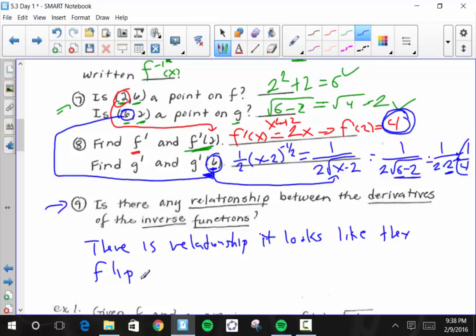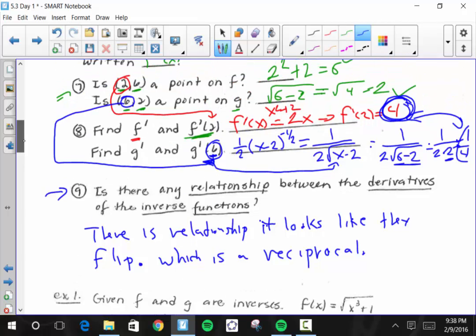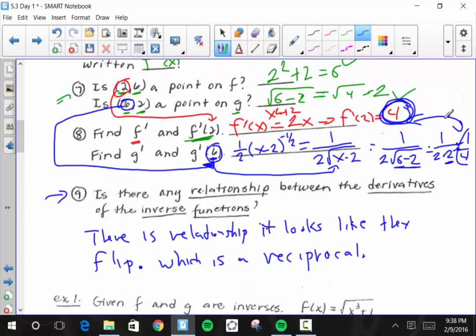And in math, we call a flip a reciprocal. So it looks like they're reciprocals of each other. I wonder if that's always the case. Well, in this next example, we're going to try an example and see if something like that happens. Is the end result going to be a reciprocal? That's what we're going to look for in this next example, okay?